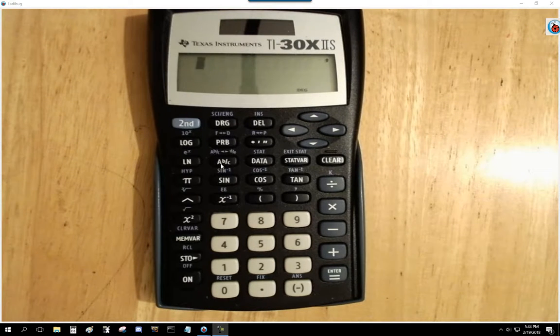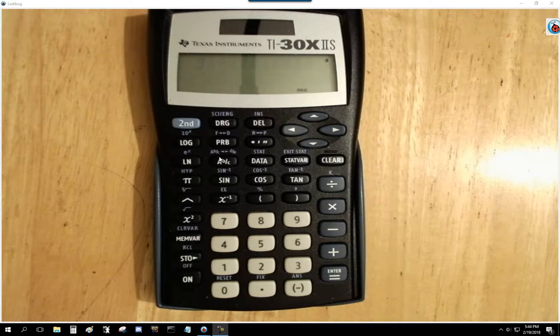Below it is a button I call the ABC button. It looks like a mixed number, doesn't it? It has that form. And its secondary function is to convert a mixed number to an improper fraction or an improper fraction back to a mixed number.